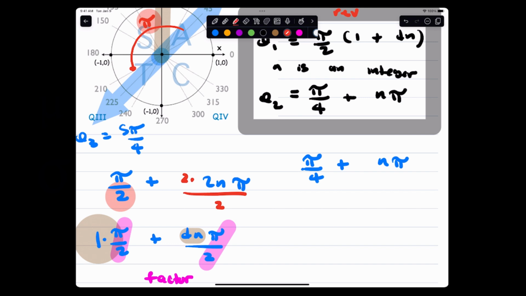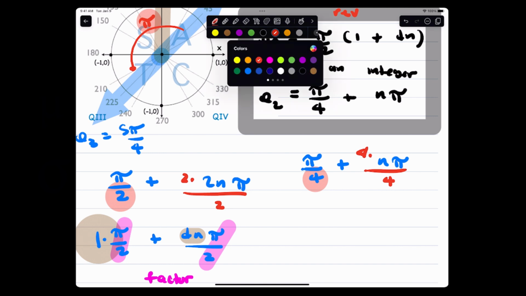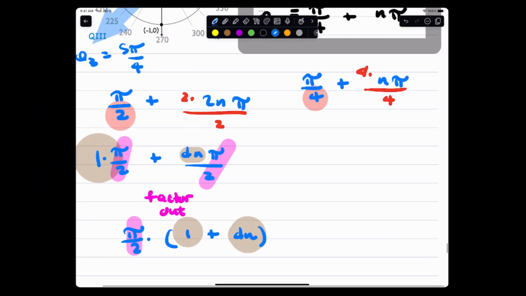Okay. So you have this 4 now. Multiply the top by 4, the bottom by 4, and you get now pi over 4 plus 4n pi over 4.